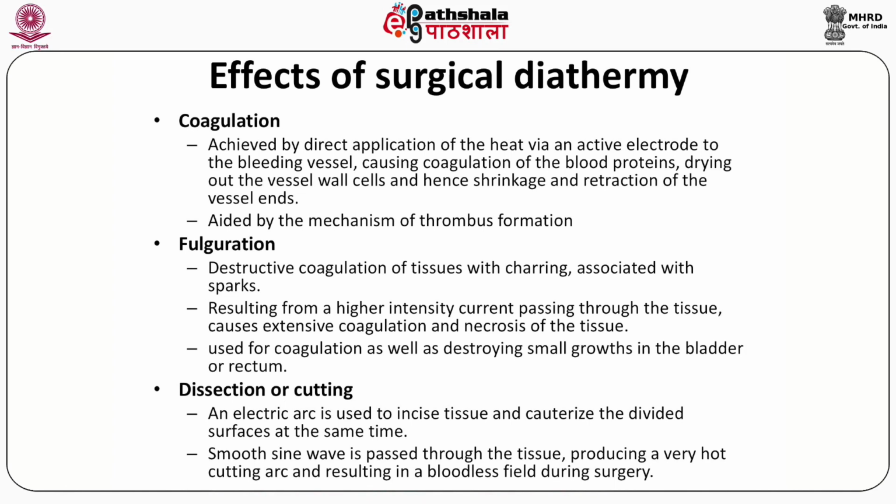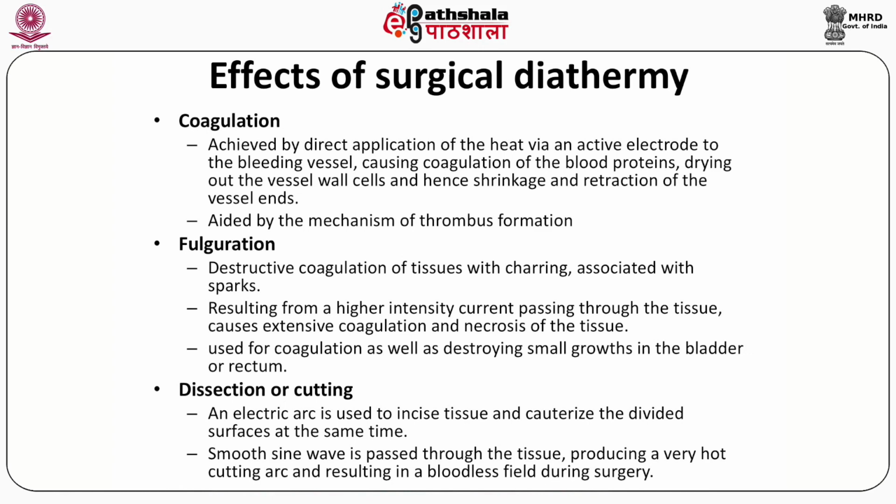The third and one of the important effects of surgical diathermy is dissection or cutting. An electric arc is used to incise tissue and cauterize the divided surfaces at the same time. A smooth sine wave is passed through the tissue, producing a very hot cutting arc and resulting in a bloodless field during surgery.